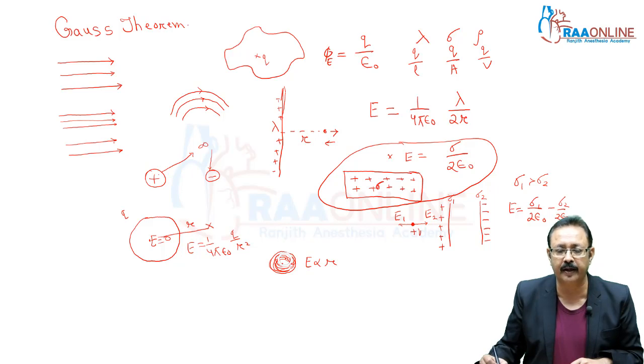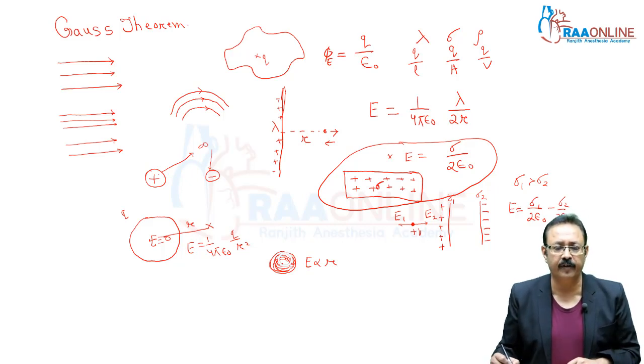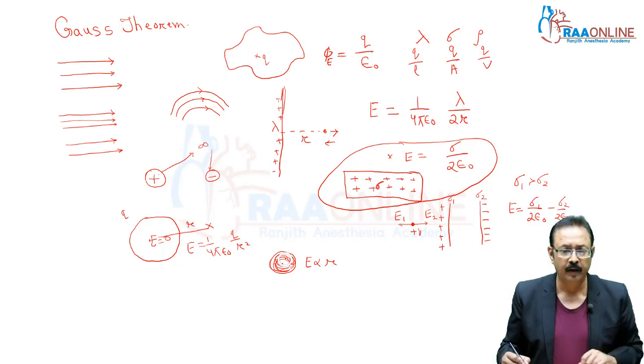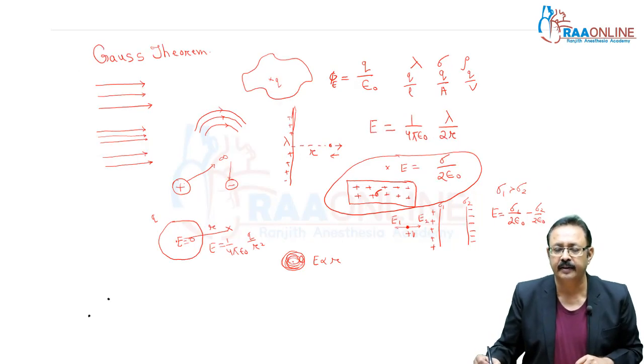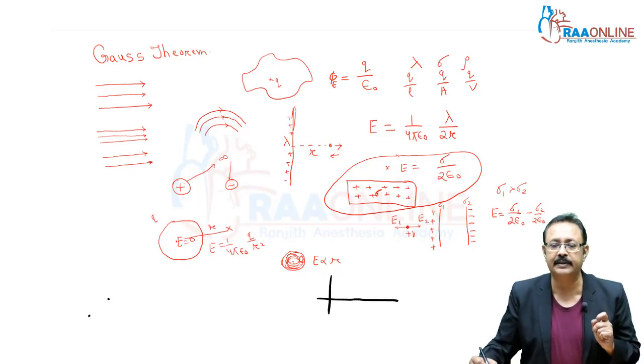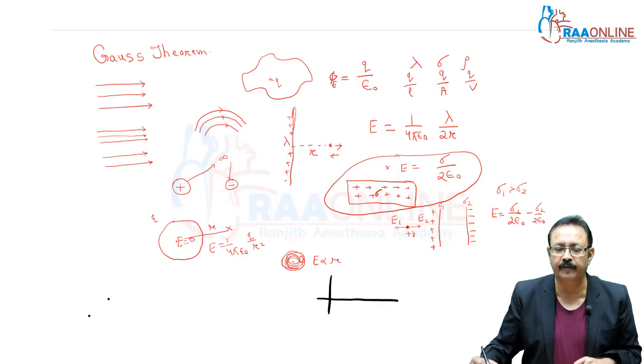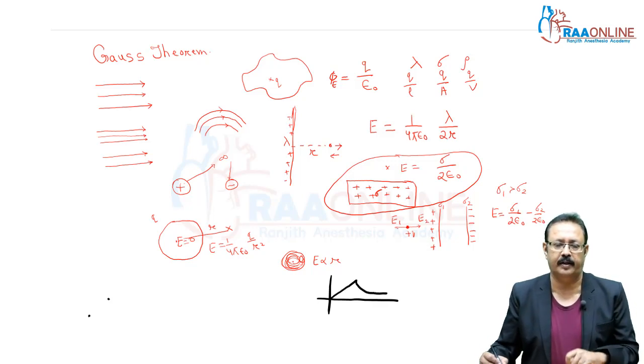So for inside we get E proportional to R, and outside it will follow the inverse square law. If you put a graph, you will get it like this. It is very important for non-conducting spherical distribution of charge.